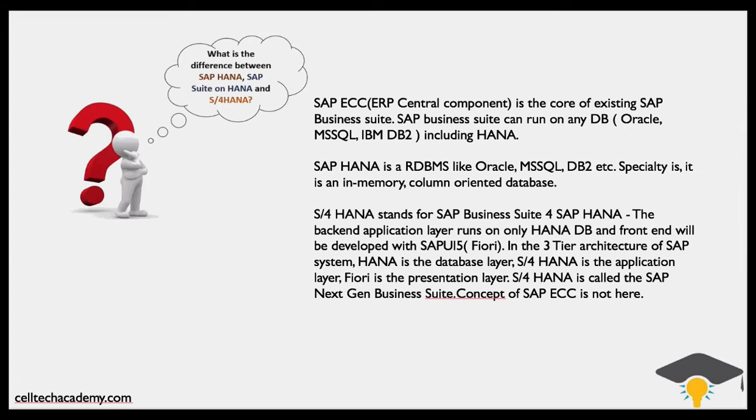And the only thing in S4 HANA is it cannot be attached to any third-party database. It cannot go with Oracle or SQL Server or DB2, which is a big challenge for SAP right now, because they're forcing the customers to move on to S4 HANA with HANA.